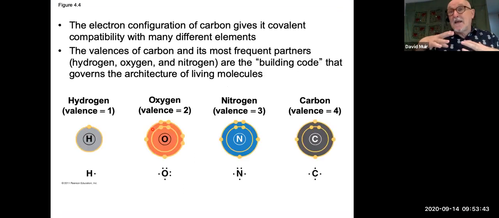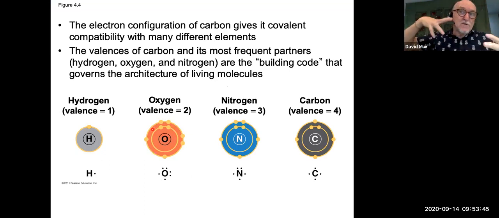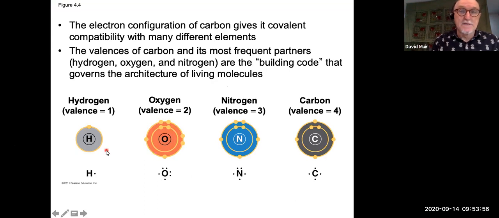We're going to see that the actual physical structure in space is dependent on the way in which the carbon links up with other things. So here are the other elements that carbon can join with: frequently hydrogen, very often oxygen, sometimes nitrogen, especially in things like the proteins.